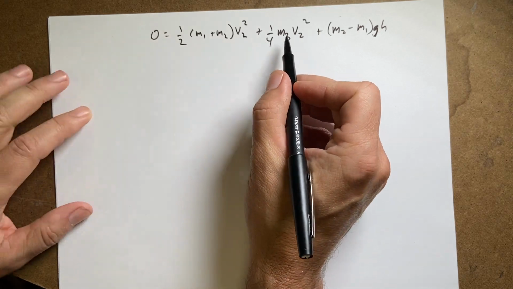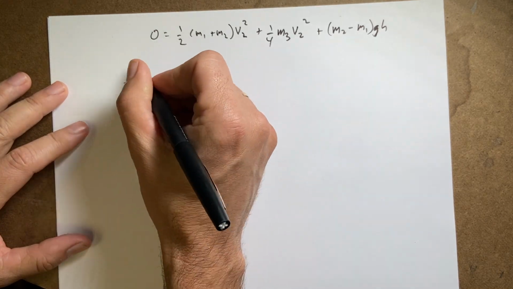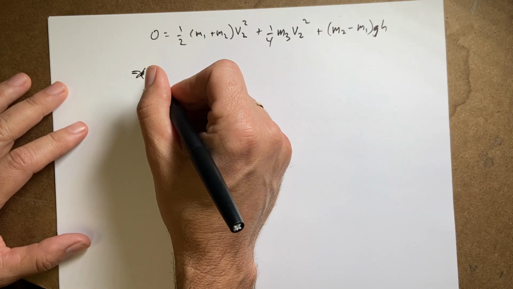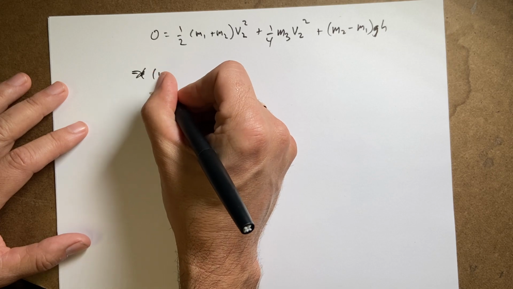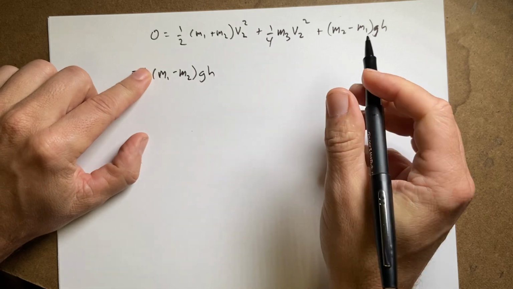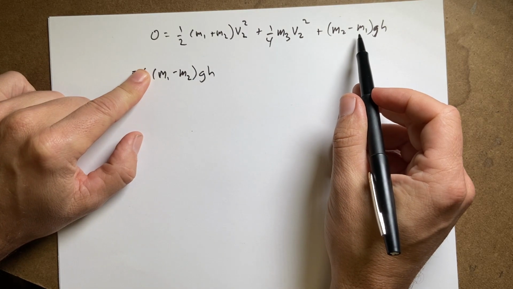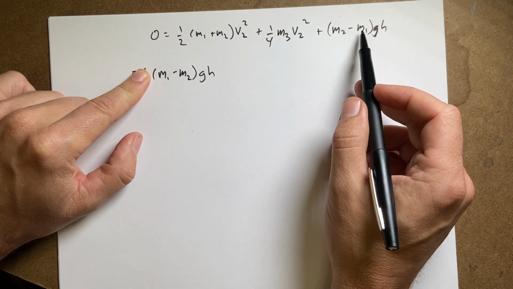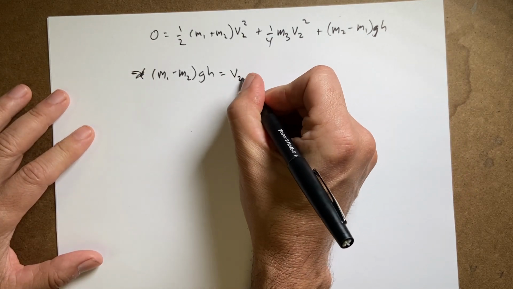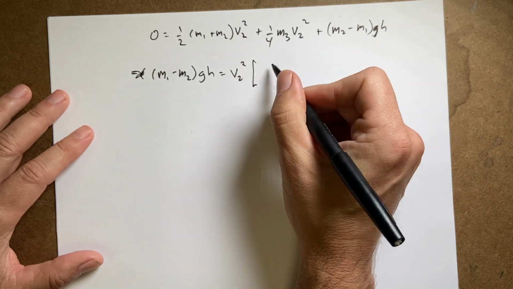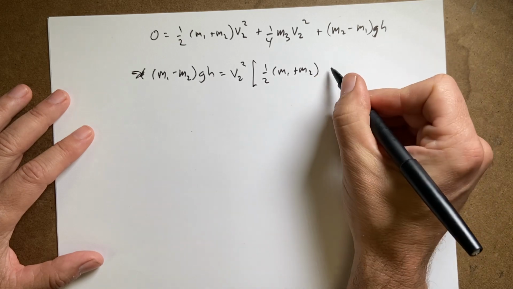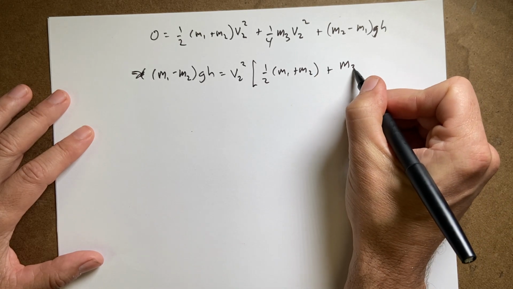Now I can factor out a v2 and move that to the other side. Subtracting from both sides, it'd be m1 minus m2 gh, right? Because it's negative m2 minus m1, so I bring that in and I get m1 minus m2 gh equals v2 squared times 1/2 m1 plus m2 plus m3 over 4.